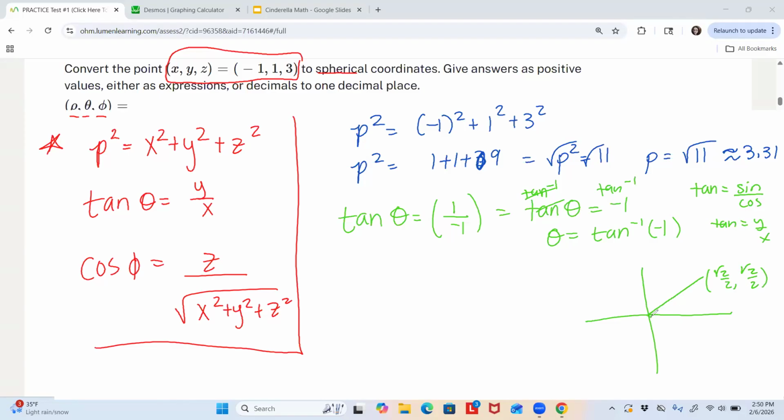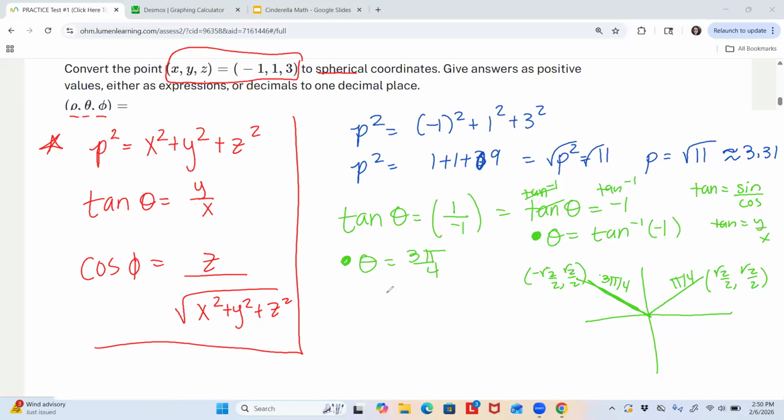But if you reflect that into quadrant 2, this would be negative root 2 over 2, regular root 2 over 2. So if you did y divided by x here, this would be negative 1. And this angle here in radians, this one's pi over 4. That gives us the 1 as a tan. This one's 3 pi over 4. So theta is 3 pi over 4. And again, I don't know why it didn't take this, because that's technically correct.